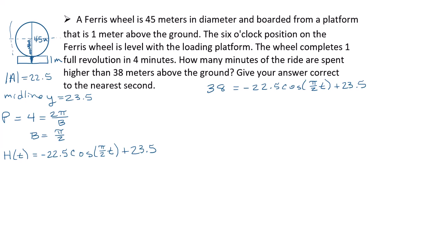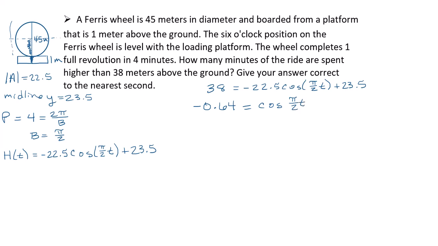Now solving, I'm going to go ahead and subtract 23.5 from both sides, and I'll divide by negative 22.5 after that. That gives me negative 0.64 is equal to the cosine of pi over 2t.